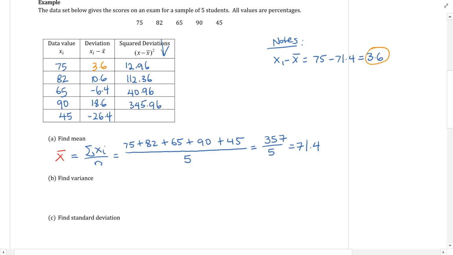Negative 26.4 squared is 696.96. Okay, so that's the square of the deviation.